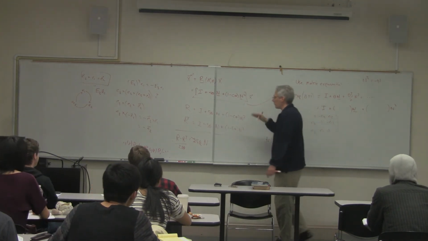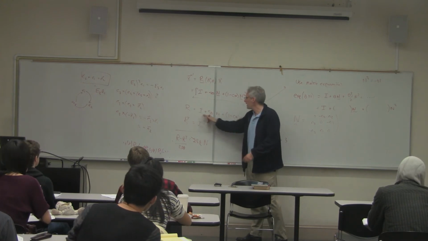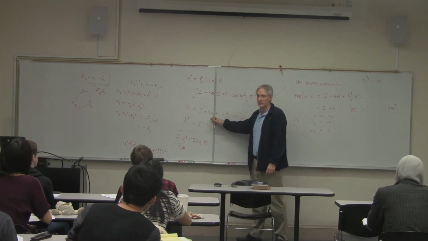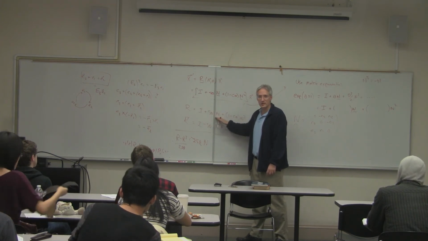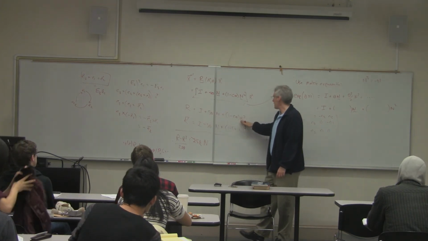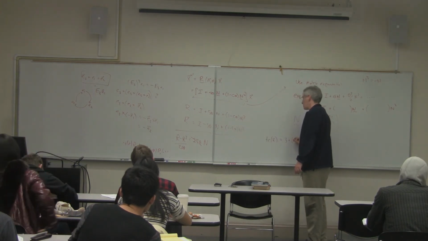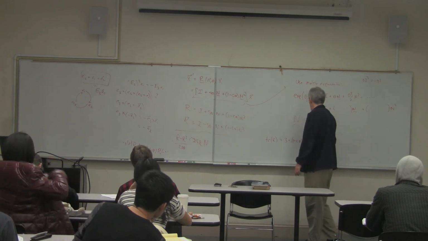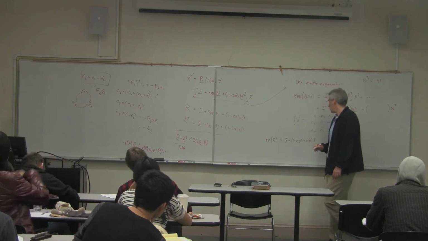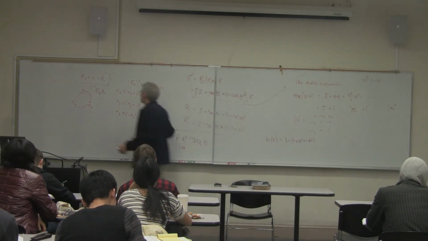It's just 1 plus 1 plus 1, the diagonal entries of the matrix I. This matrix is skew-symmetric, so it has zeros on the diagonal. Its trace is 0. This matrix is going to be 1 minus cosine theta times the trace of n squared. So what is the trace of n squared? So let's work that out.